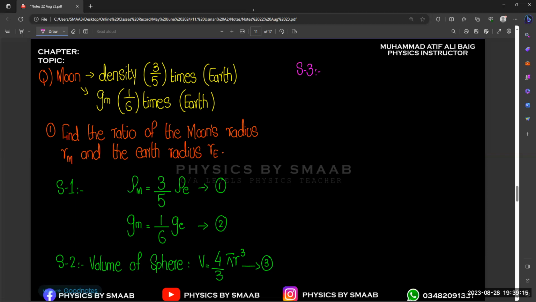Your step number 3 will be density is equal to mass upon volume, and we know that your mass will be equal to density times V, right? Now you can see that your mass is automatically converted into density times the volume.